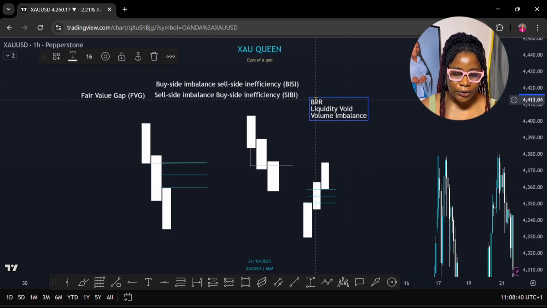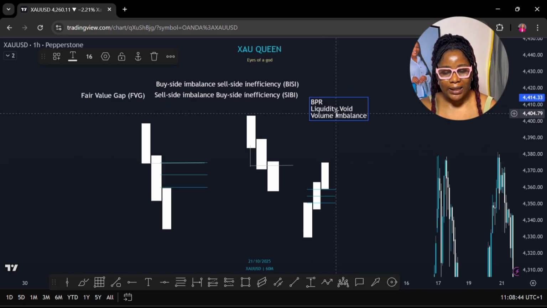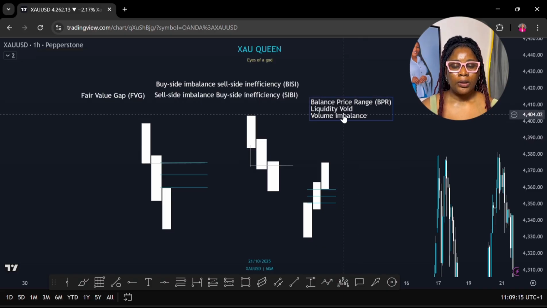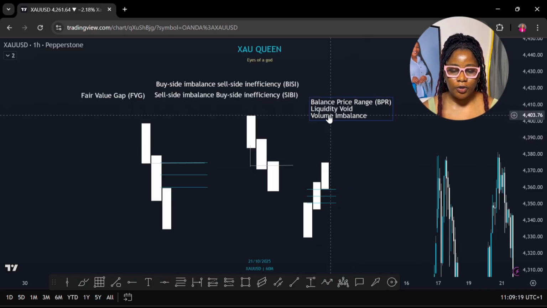So these are also other gaps that the institutions leave behind, and oftentimes they come back, fill it, and then the real move begins. So we'll also be looking at BPR, which is balanced price range. Let me write it. BPR. So we'll be looking at BPR, balanced price range, liquidity void, and volume imbalance.